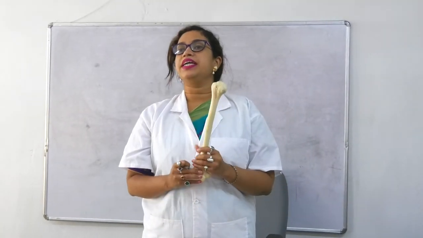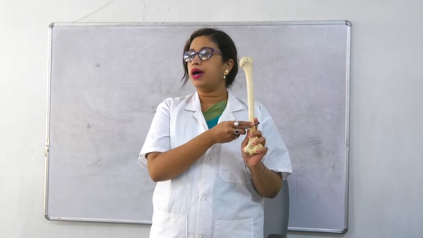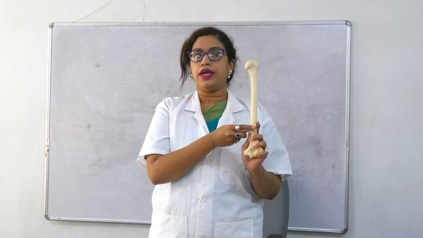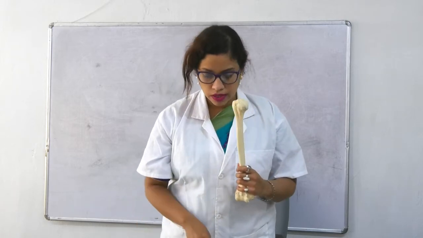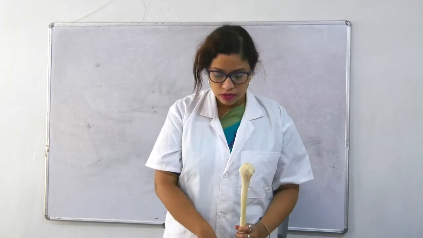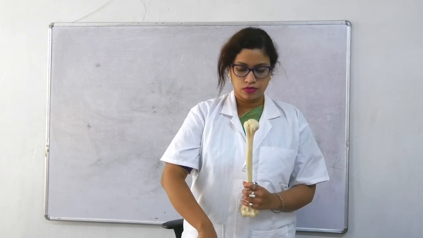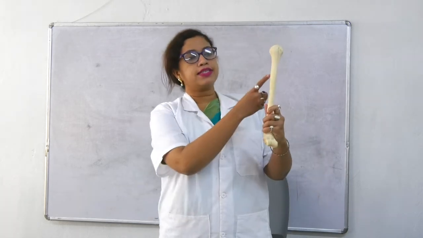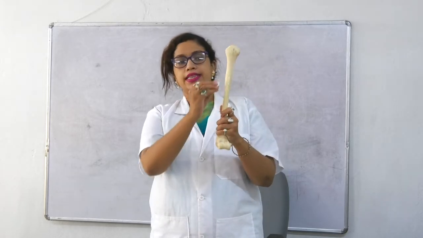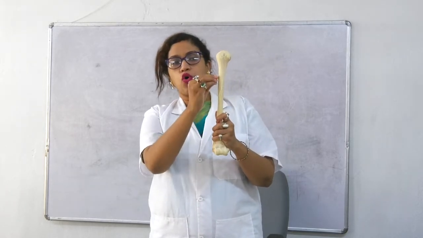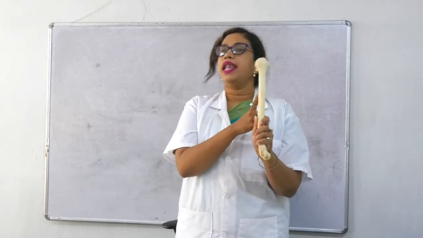Then another one is the medial head. The medial head takes origin again from the posterior surface, but it is deep to the lateral head, coming from below the radial groove. See, this is the V-shaped deltoid tuberosity, and this is the radial groove. Above it you can find one oblique ridge, the origin of the lateral head.